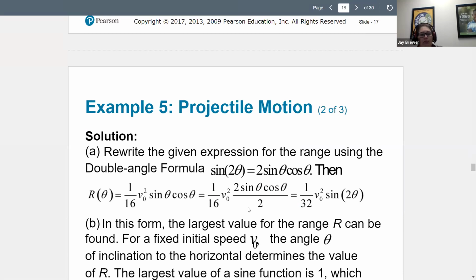You have to kind of use 2 over 2. So the 2 on top helps you get the replacement, and then you take the 2 on the bottom. 2 times 16 will give you your 32. So it's a really easy fix there. You're just going to multiply by a special factor of 1, which is 2 over 2.